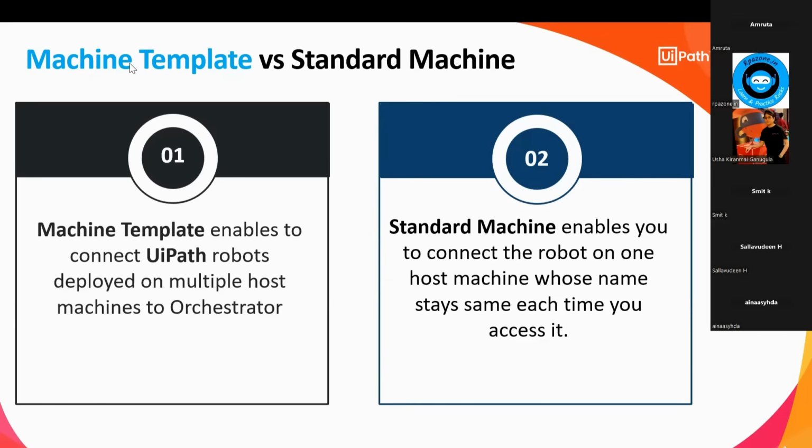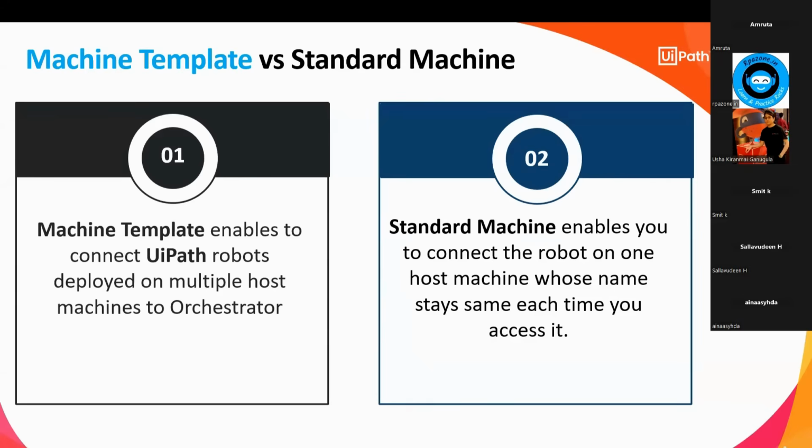Then you can go for the machine template concept. How we configure a machine template, don't worry, but understand the theoretical part. And when coming to a standard machine, if you're connecting to Orchestrator with the same machine every time, then go with a standard machine. That is the only difference.